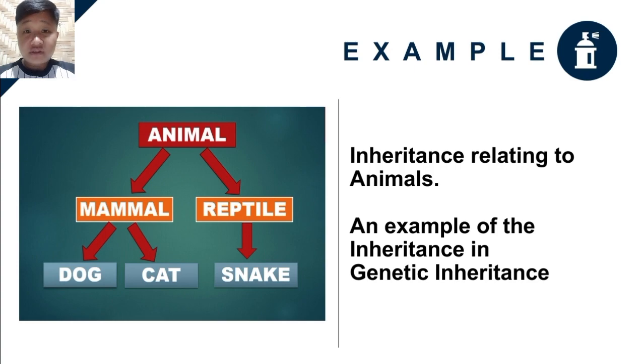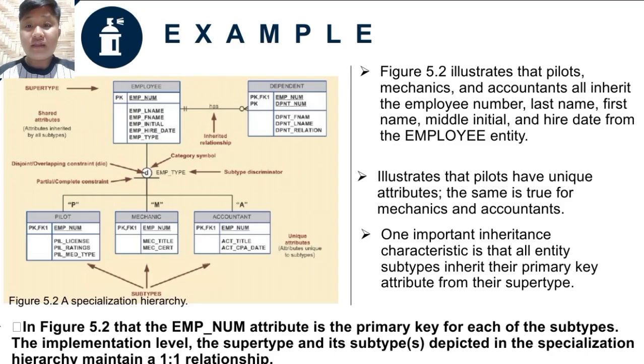The image illustrates a database design concept called specialization hierarchy, which categorizes employees into different subtypes based on their roles and skills. Each subtype inherits common attributes from the general employee entity, such as employee number, name, and hire date.